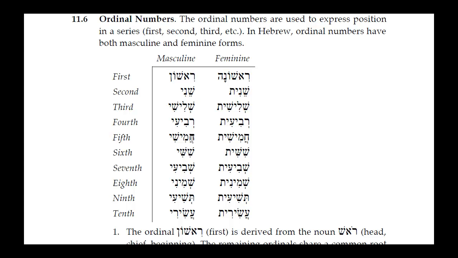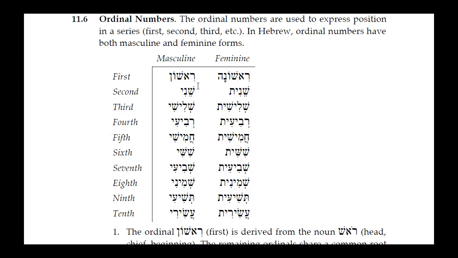So the roots are pretty much the same, except for this one here, where you're missing the aleph for arba, but most of the other ones are the same, going all the way down the line, except for echad. You have rishon instead of echad.